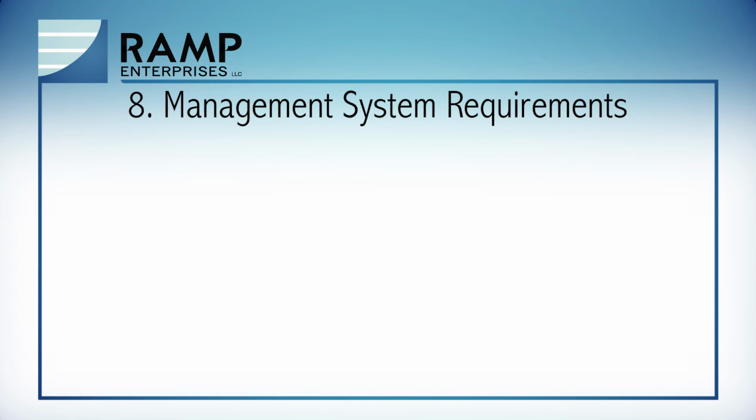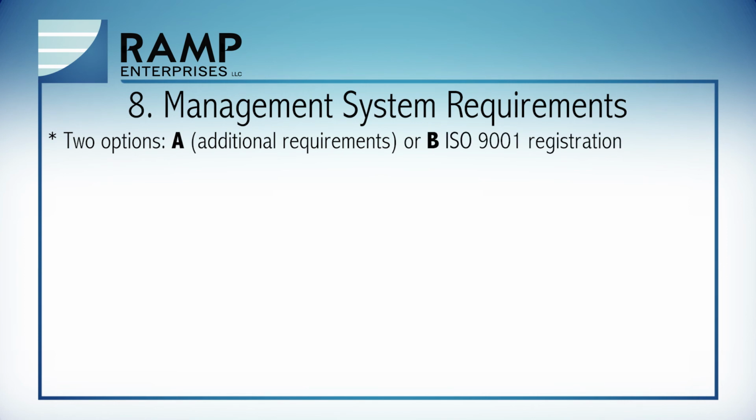The next section, Section 8, is our traditional management system requirements. There are two options. Option A is simply to add on the additional requirements to your system. These are the traditional ISO 9001 requirements. Or option B is to maintain registration to ISO 9001.